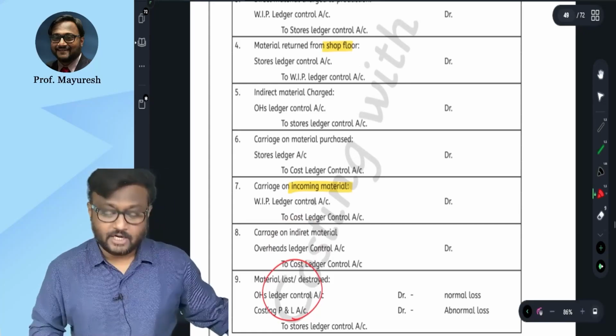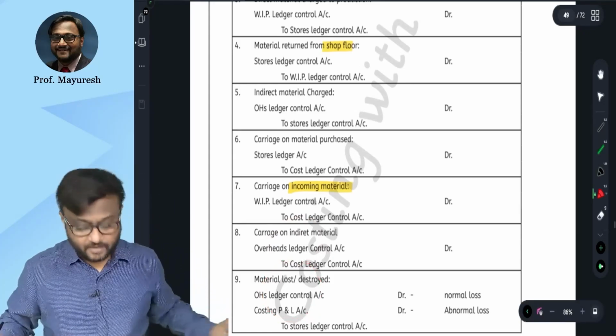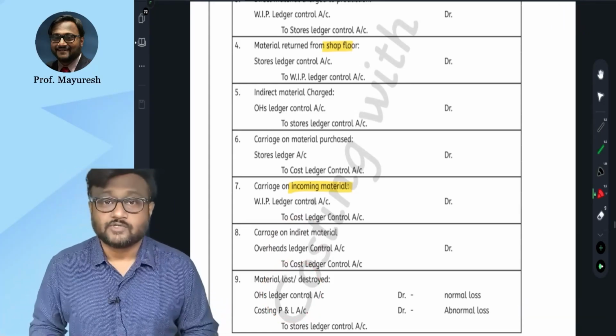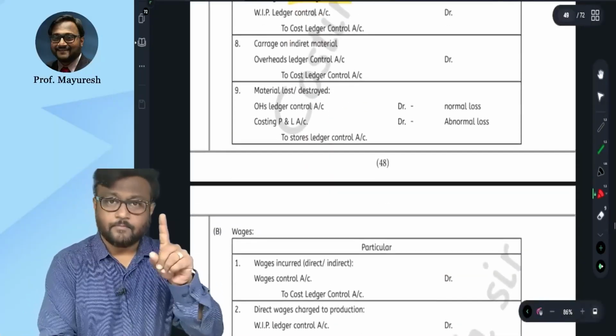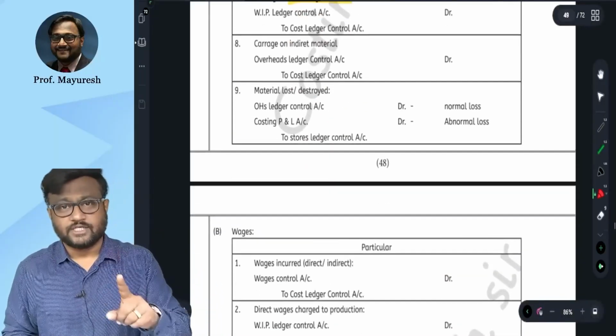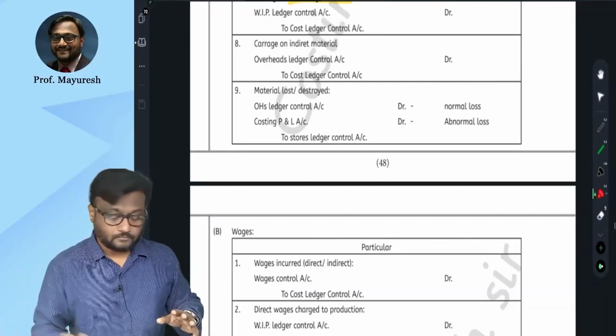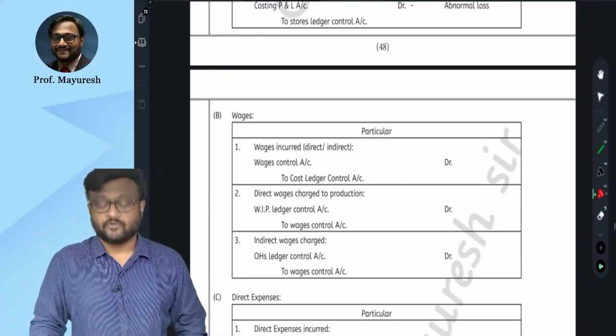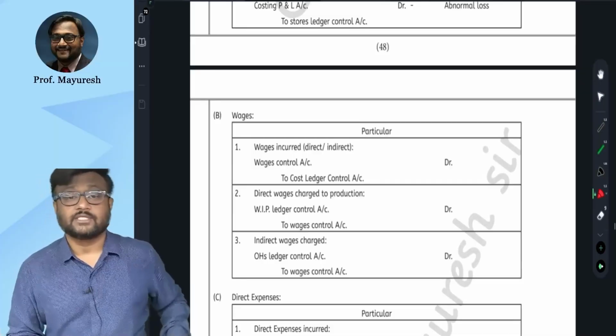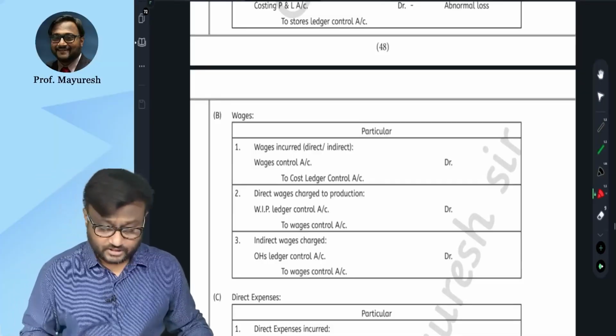So ये सब possible नहीं है. So material में 9 different transactions were possible. We discussed all. But wages में सिर्फ 3 ही होंगे. Paying for wages, direct, indirect both. Immediately recognize direct wages as a part of WIP and indirect wages as a part of overheads.